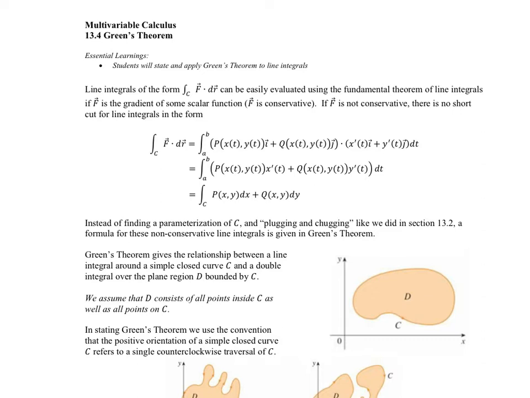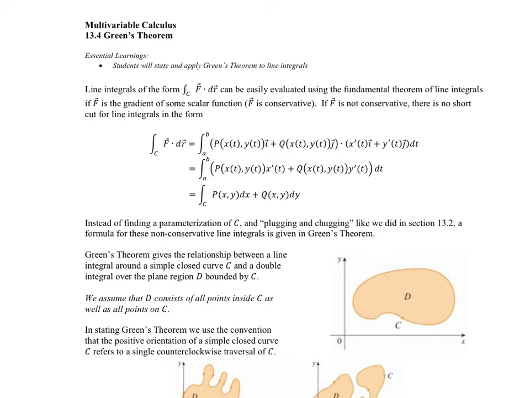And Green's theorem is a very interesting theorem where you actually take this line integral that we have here, this single line integral, and we convert it to a double integral, and we can evaluate it more easily, believe it or not, with a double integral than we can with a single line integral.